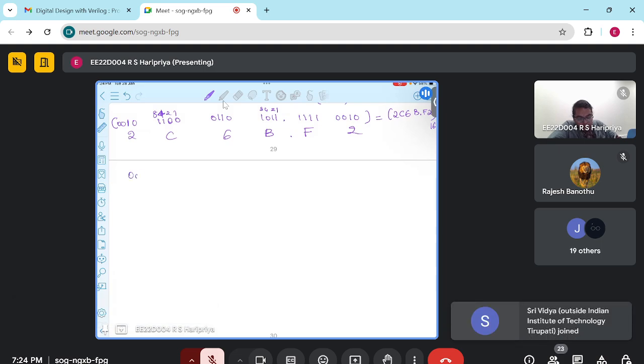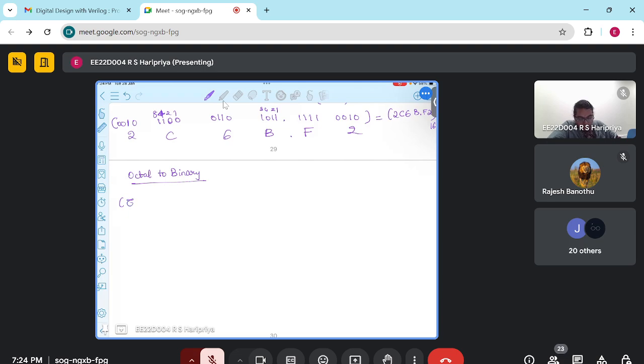Now let's convert octal to binary. This is in the octal number system. So now we have to write in groups of 3 in binary format.